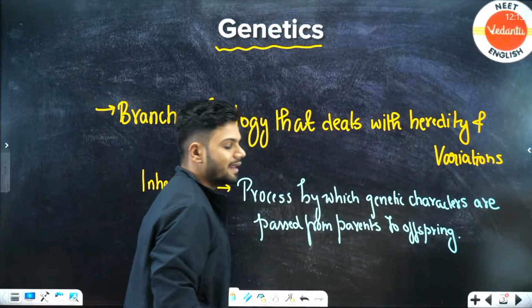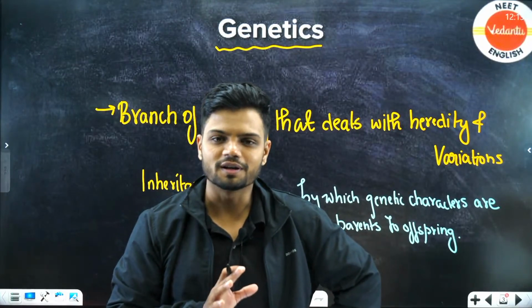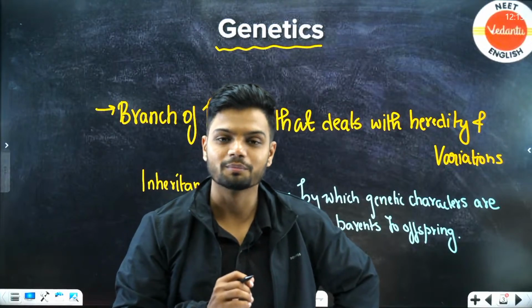Genetic characters or traits are passed from parents to offspring. Now, how many of you have ever seen in the wild a cat giving birth to a dog, or a dog giving birth to a cat?